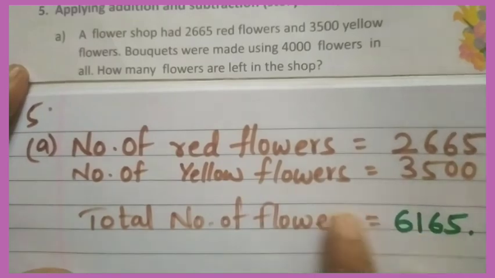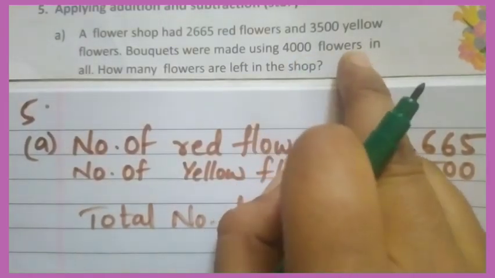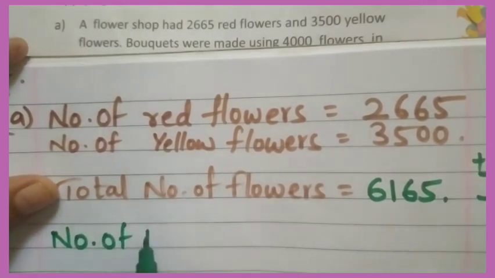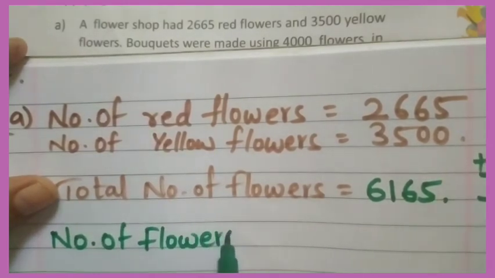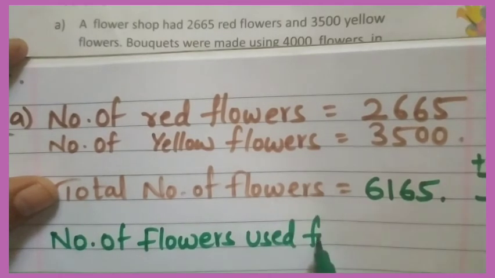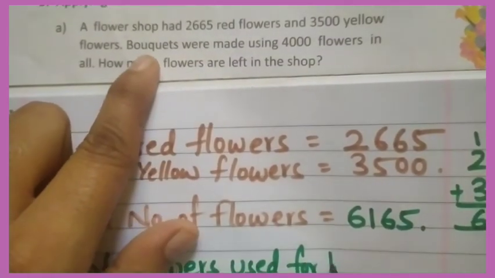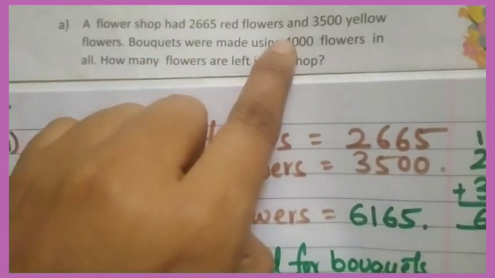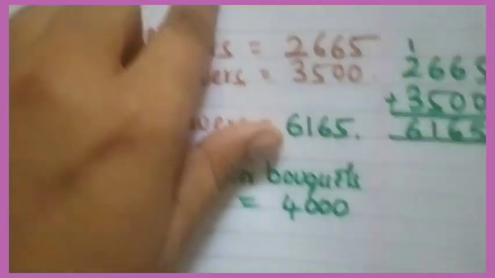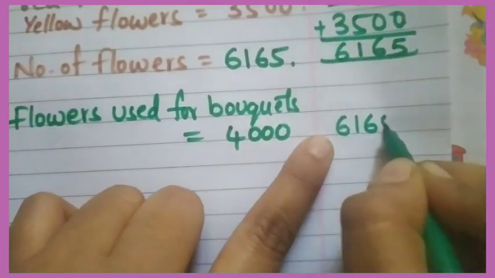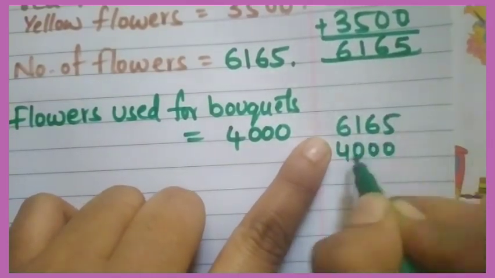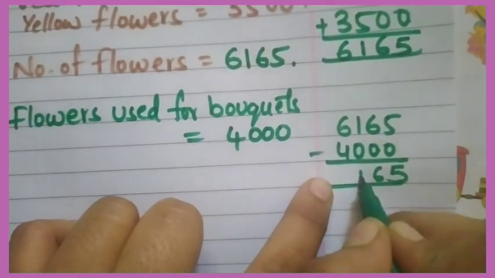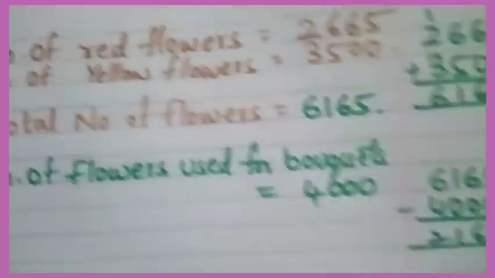Total 6165 flowers are there. From that, 4000 flowers are used for buckets. Number of flowers used for buckets. How many? 4000. Now subtract 6165 minus 4000. 5 minus 0, 5. 6 minus 0, 6. 1 minus 0, 1. 6 minus 4, 2.